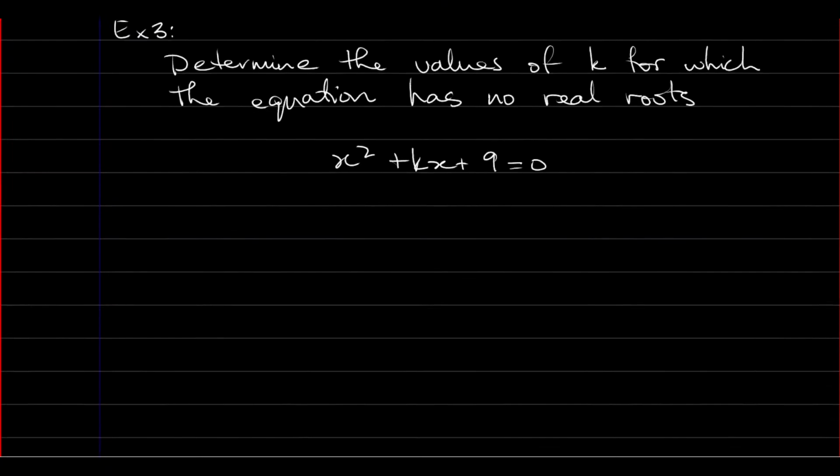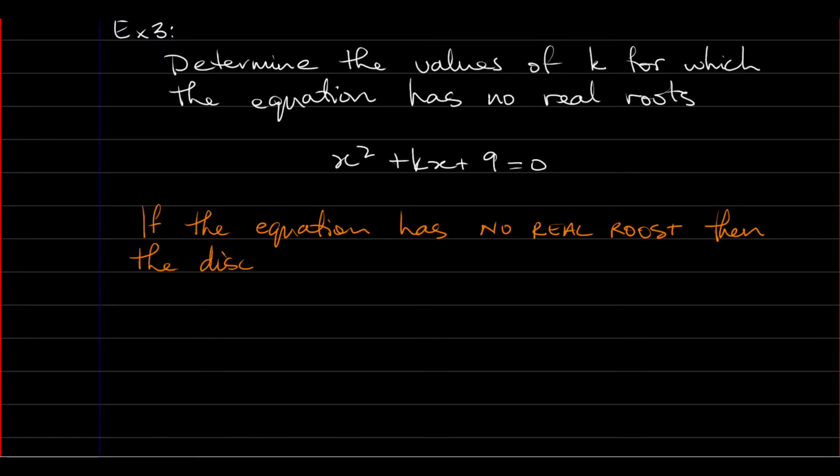Alright, so if the equation has no real roots, then the discriminant is going to be less than 0. I'll just change the color again. If the equation has no real roots, then the discriminant d is less than 0.